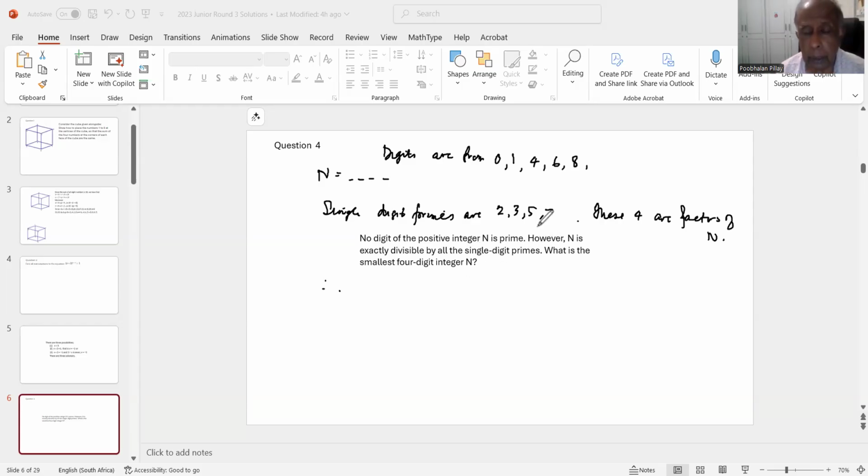So 2 times 3 times 5 times 7 is 210, right? Is such a number, a possible value for n. And it turns out that this is really the LCM.